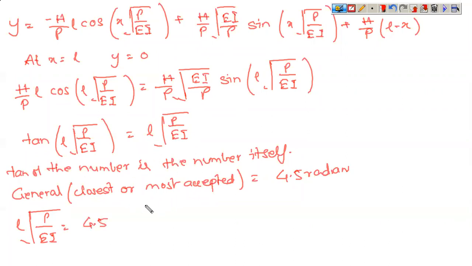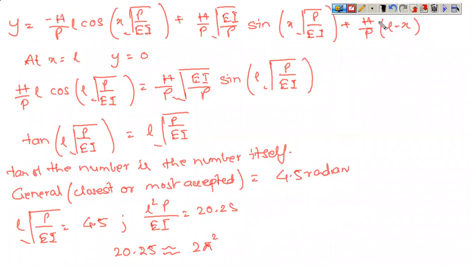So L square P by EI is equal to 20.25, that is 4.5 whole square. Now 20.25 is approximately equal to 2 pi square.